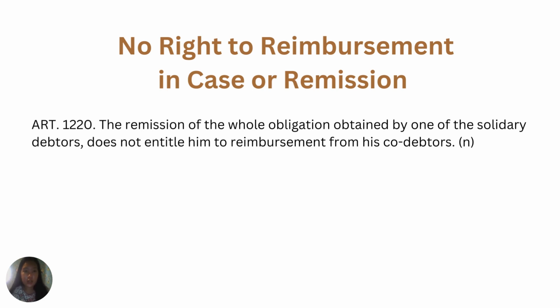Remission is essentially gratuitous. It is really a donation. Observe that the article applies only when the whole obligation is remitted. In case of novation, compensation, or confusion, the debtor with whom it is effected is entitled to recover from his co-debtors their corresponding shares of the obligation.